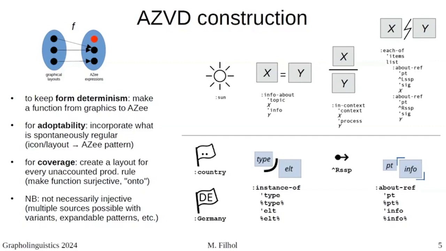Then for adoptability, for humans to be able to use it, incorporate any systematic regularity I found in what people already spontaneously do in the system, because presumably if graphical edition and later editing are possible, I'd want to adopt anything that they already do, not have them learn any sort of new system.